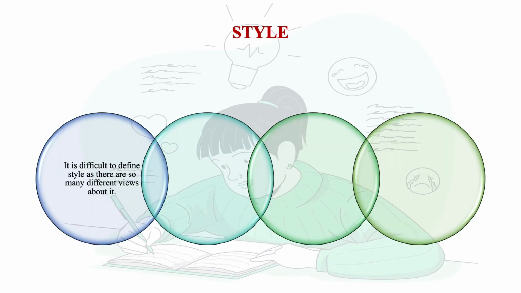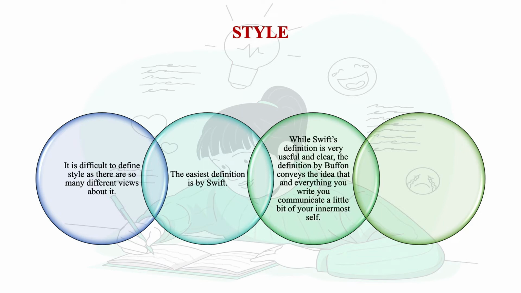It is difficult to define style as there are so many different views about it. The easiest definition is by Swift. While Swift's definition is very useful and clear, the definition by Buffon conveys the idea that in everything you write, you communicate a little bit of your innermost self.